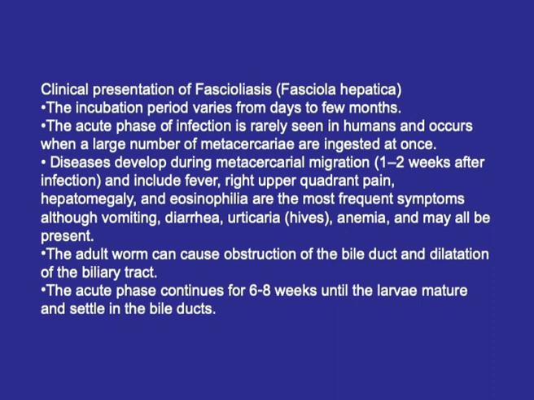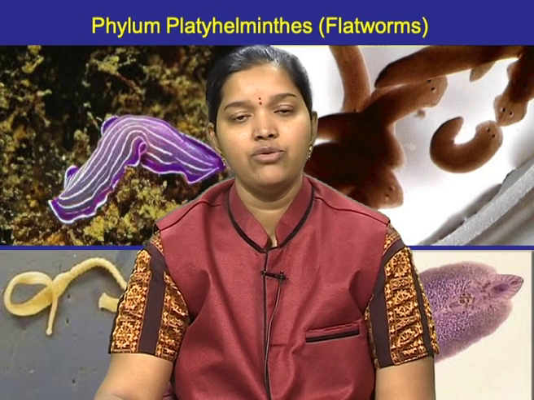And the migration of this metacercarial larvae takes 1 to 2 weeks, and usually there are two phases, that is the acute phase and the chronic phase. In human beings we mostly do not find the chronic phase, only the acute phase of infection is seen, and the acute phase takes around 6 to 8 weeks.